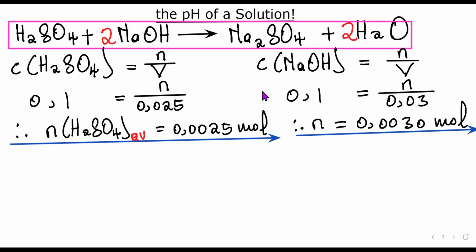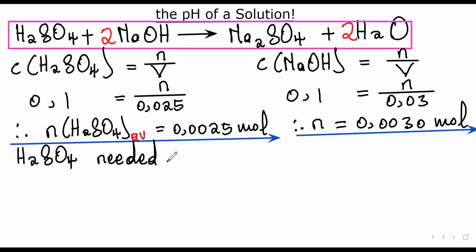Now what? Now we need to determine how much of one of the reactants we need in order to react with the other reactant, because we are at that stage of identifying the limiting reagent. So let's say, how much sulfuric acid is actually needed?